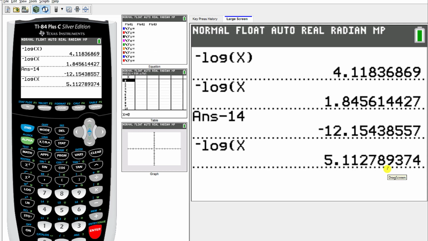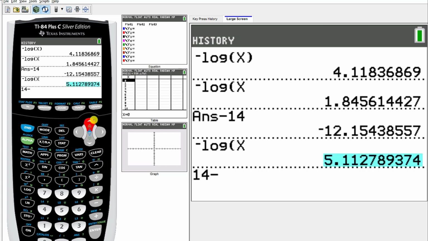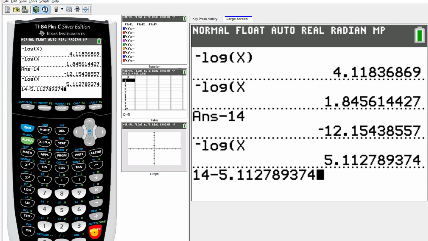And if I wanted the pH, then I just have to do 14 minus that value and hit enter.